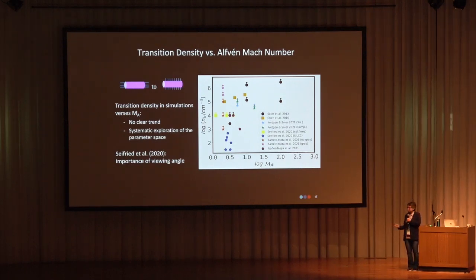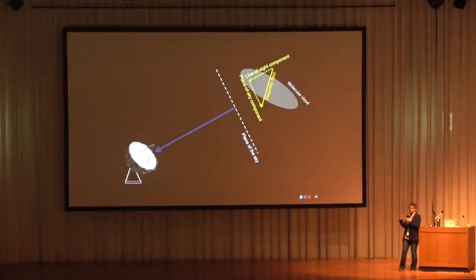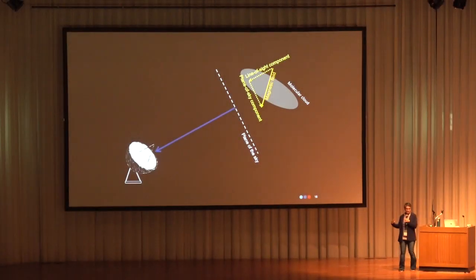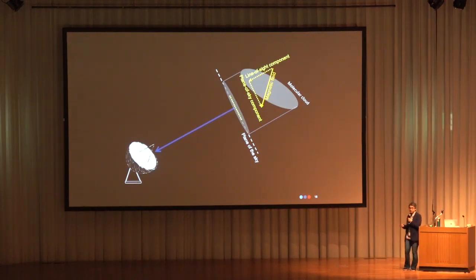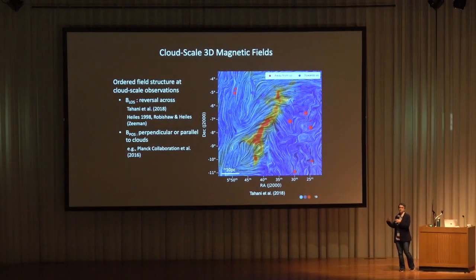Seyfried et al. 2020 also highlight the importance of viewing angle. If we have a magnetic field and a density structure that are perpendicular to each other in 3D, when projected onto the plane of the sky, they can actually look parallel to each other. So to look into the 3D magnetic field morphologies, let's start with cloud scales.